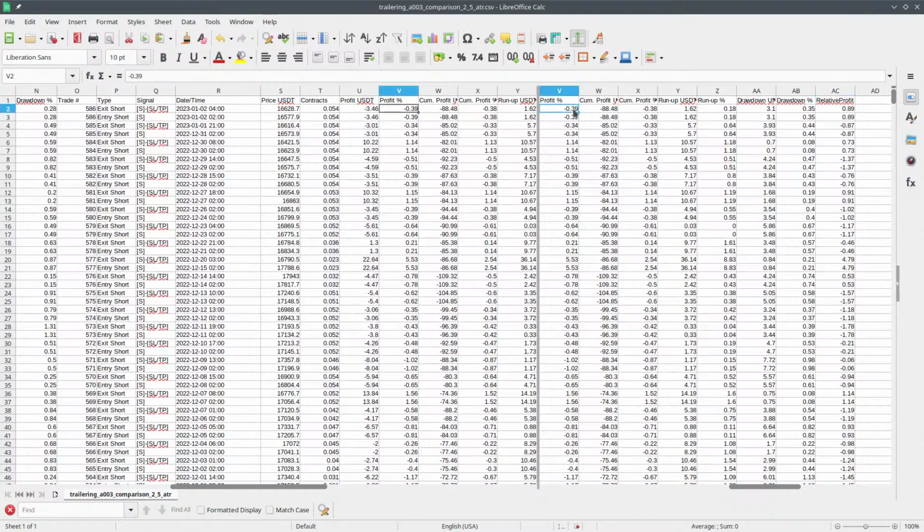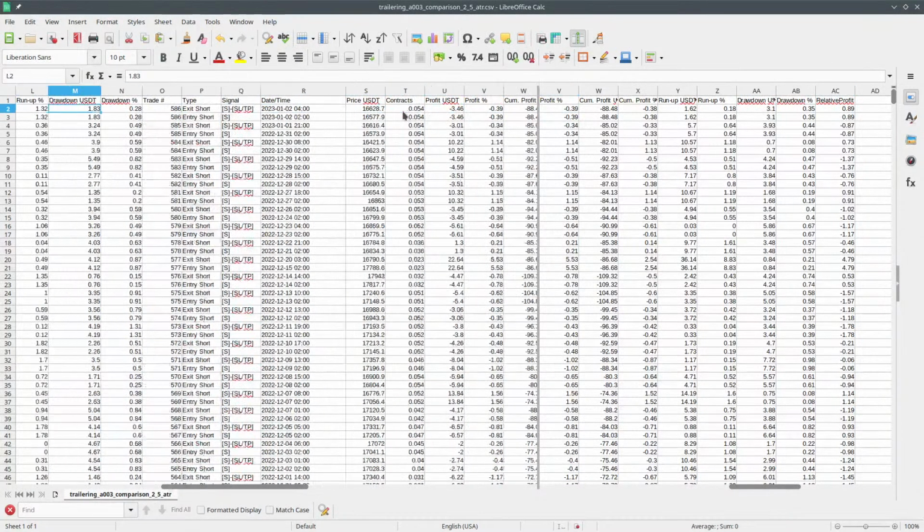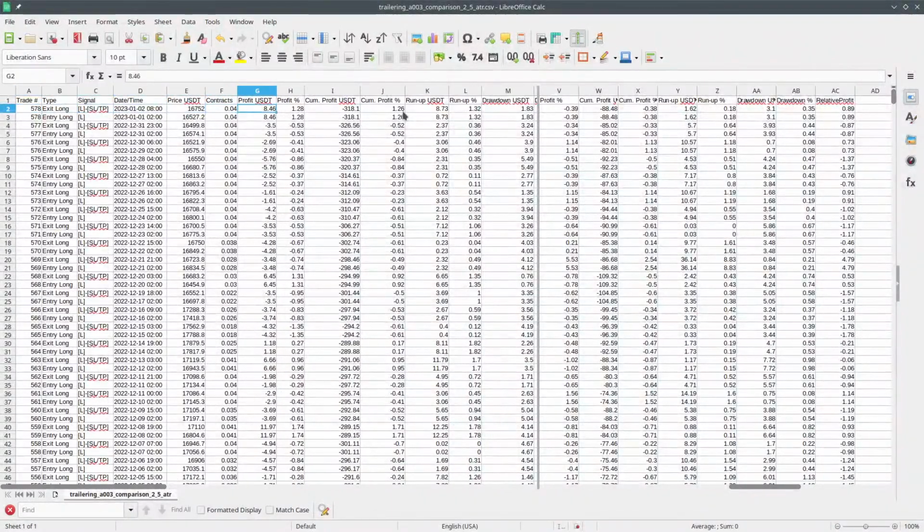So we have this profit, which is minus. Let's take a look here. So you can see how the profit is 128 and 0.39. So it means it's only 0.89. Okay.